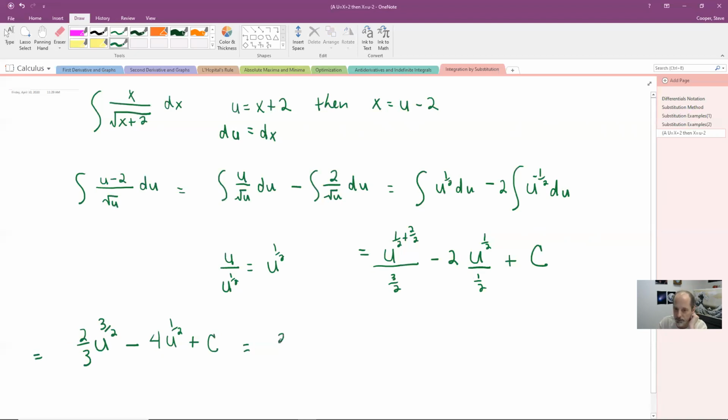And finally getting our u back in there, it's 2/3 x plus 2 to the 3/2 minus 4 x plus 2 to the 1/2 plus c.